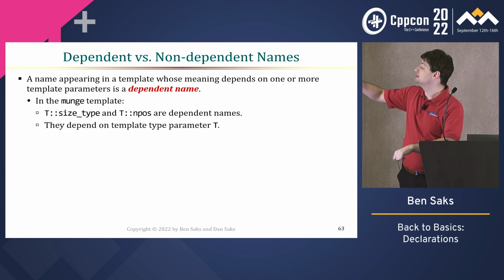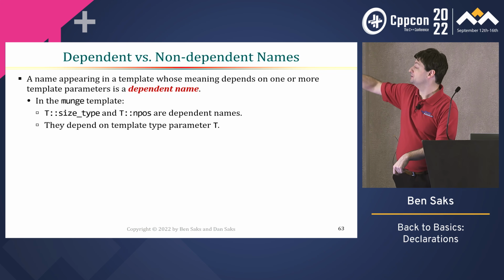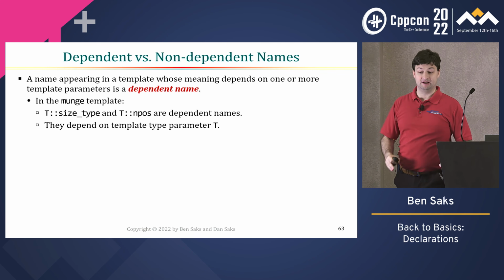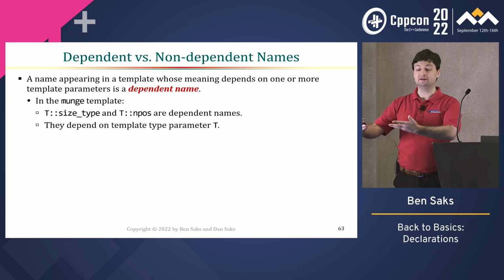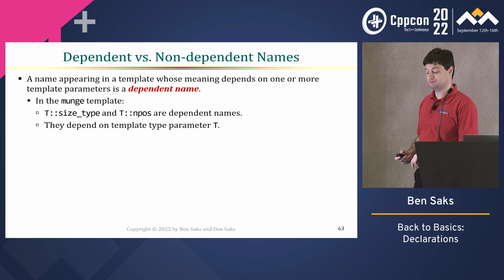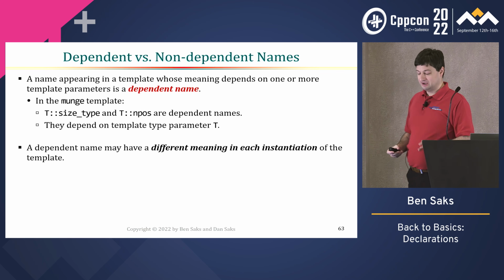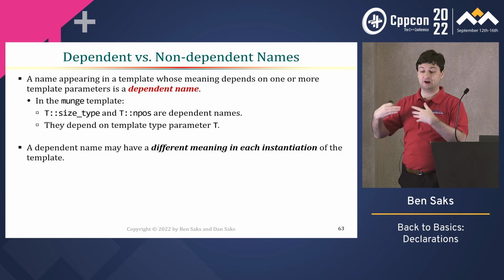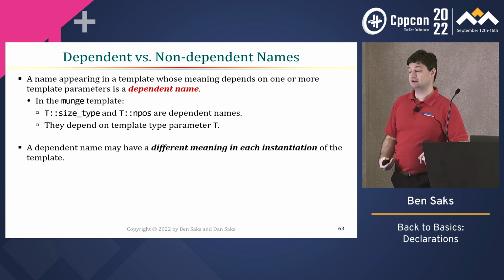The idea is that the meanings of size type and npos depend on what t ultimately turns out to be. Those dependent names might mean something different each time the template is instantiated.